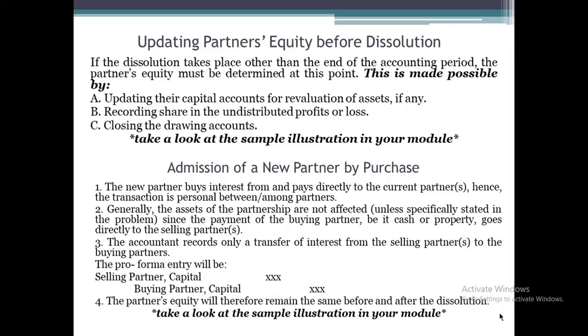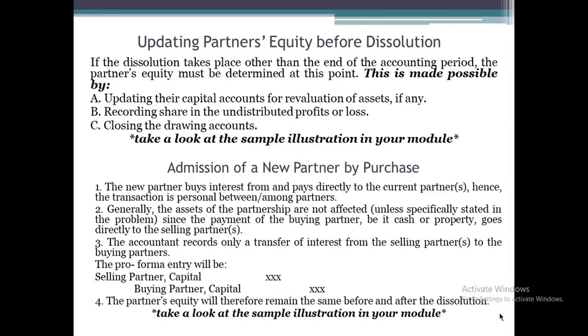Kasi kapag may nangyari, like for example, may nangyaring sakuna, or may mga contingent event na nangyari, or yung mga hindi inaasahang pangyayari, doon sila kukuha ng, like for example, pera, or pang-cover doon sa nangyari na sakuna. Ayan. So, kaya nila hindi di-distribute yung 100,000.